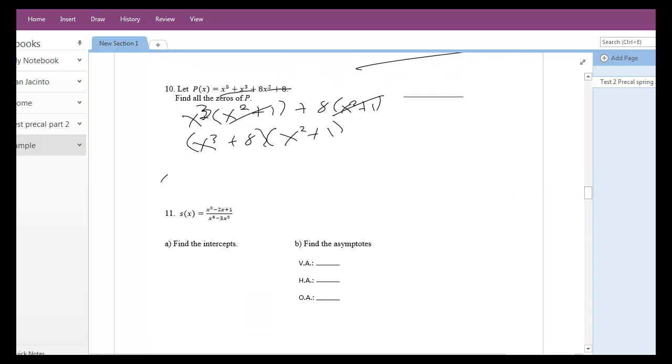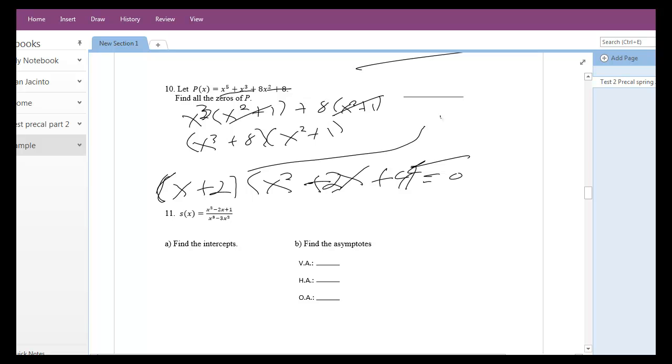That's simply a plus b, which is x plus 2, times a squared minus ab plus b squared. My a is x, my b is 2, and then you square that last term, which gives me 4. Set that equal to 0. This guy here does not give you 0, so your only zero is going to come from x equals negative 2. Done.